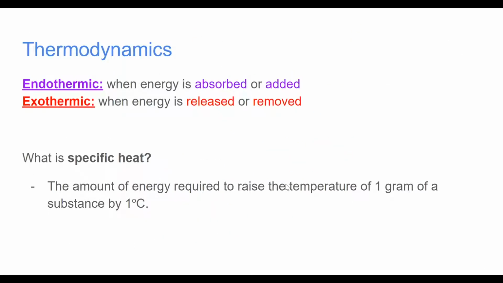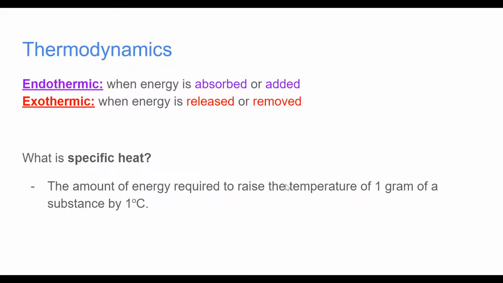Now we're going to move on to thermodynamics. For this, you need to know 3 terms: endothermic, exothermic, and specific heat. Endothermic is when energy is absorbed or added into the system, and exothermic is when energy is released or removed. Specific heat is what we use to calculate temperature change equations.